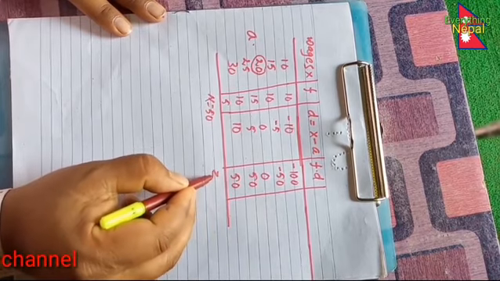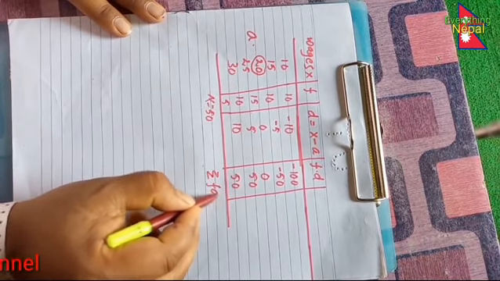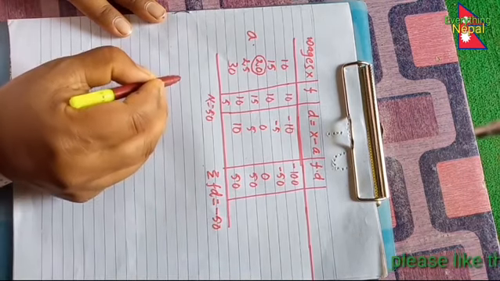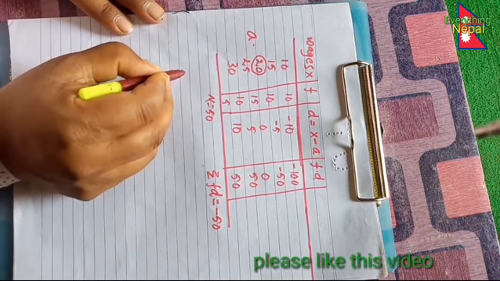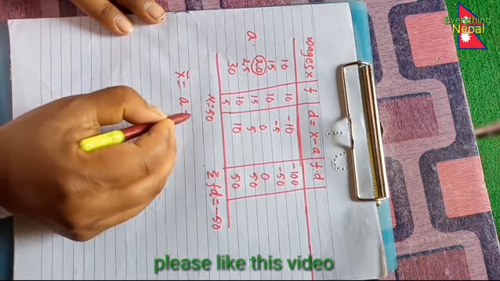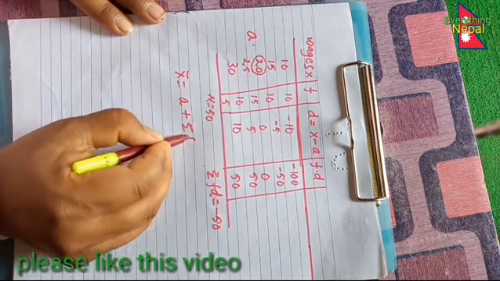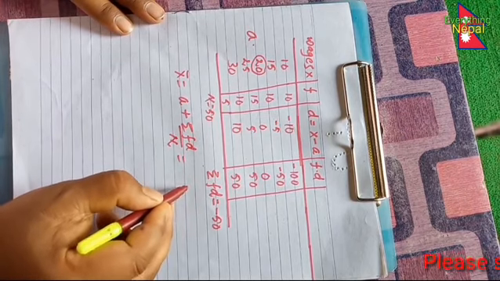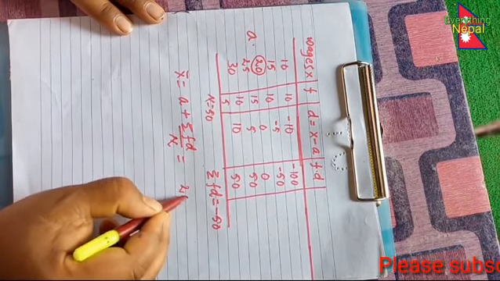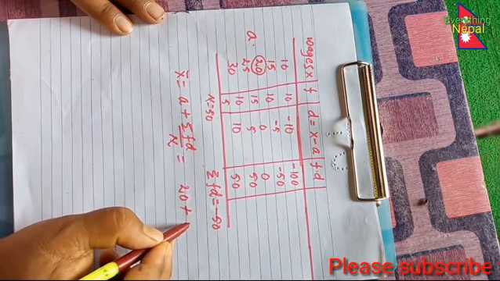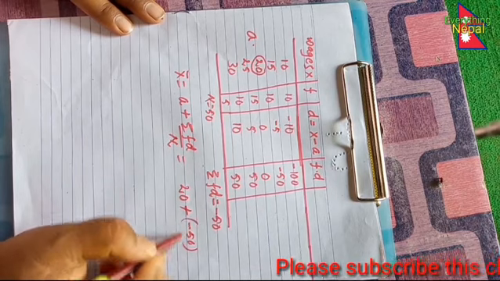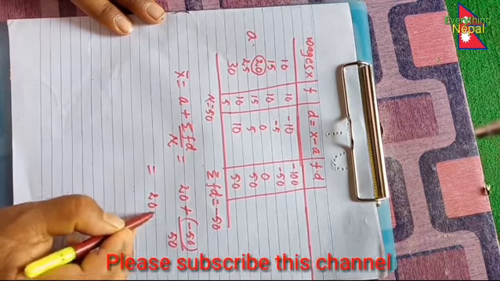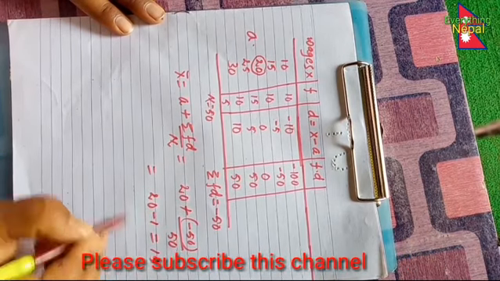And when we sum up these products, we get summation fd is equal to minus 50. And now we know the formula x bar is equal to a plus summation fd divided by n. Putting all these values, x bar is equal to 20 plus minus 50 divided by 50. So here it becomes 20 minus 1, which is equal to again 19.